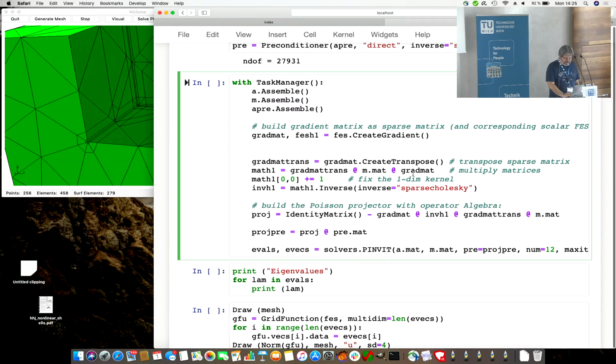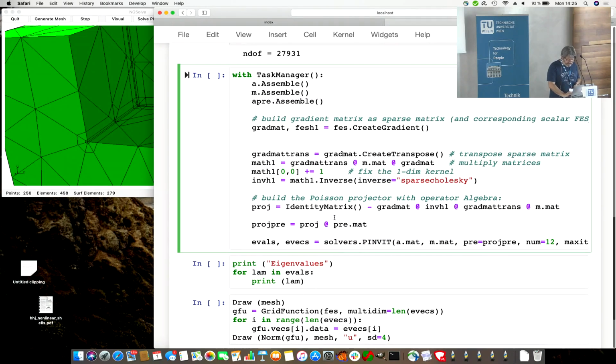Now these are all sparse matrices, and if we apply the matrix multiplication operator to sparse matrices, it multiplies them together and again gives a sparse matrix. Whenever it can make sense to multiply the matrices, it does it. If it does not make sense, then it does the operator algebra. You're having the gradient, having the inverse Laplacian. It's all in all 5 lines to form this projection.